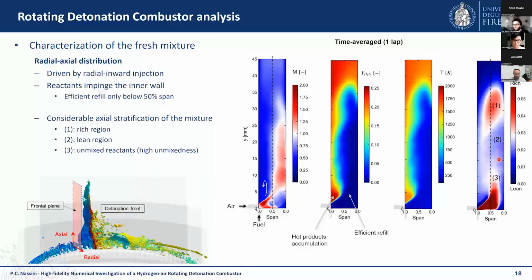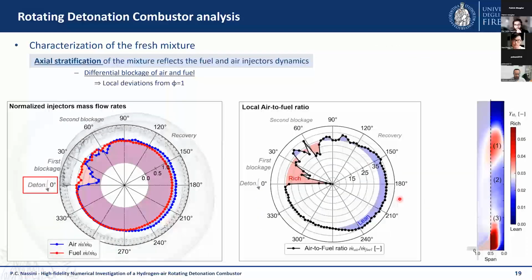So we have a considerable axial stratification of the mixture inside our refill region. This is very interesting to be analyzed because it's fundamentally linked to the differential blockage of the hydrogen and air injectors.